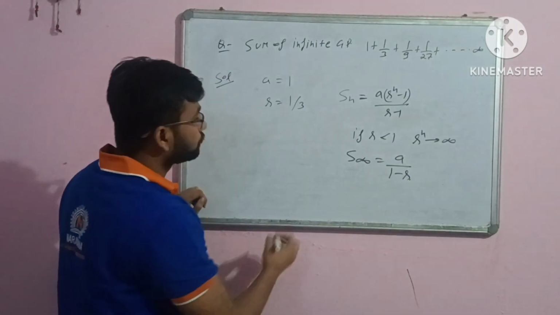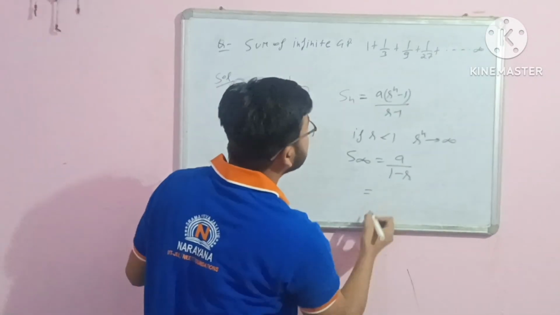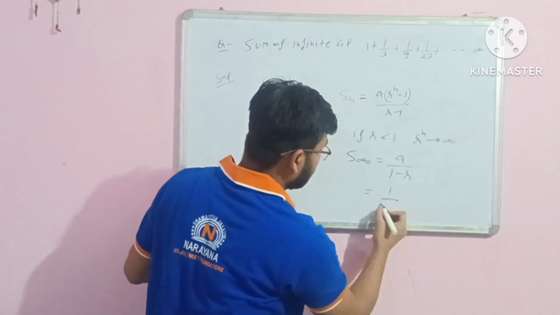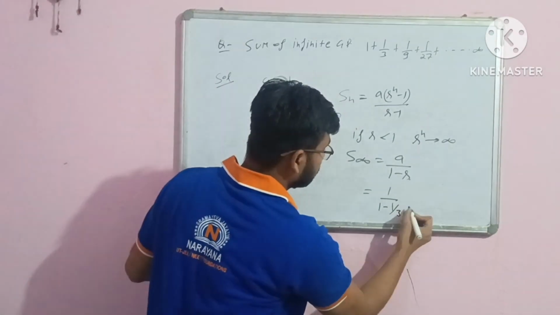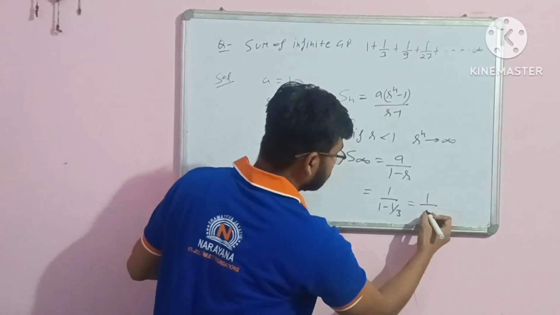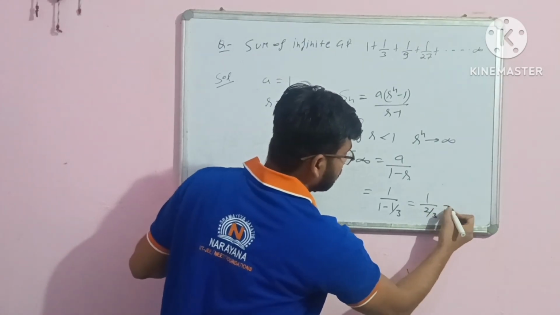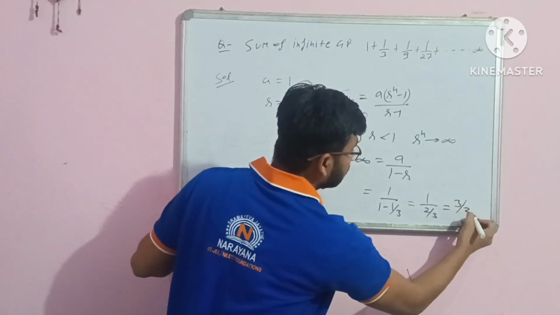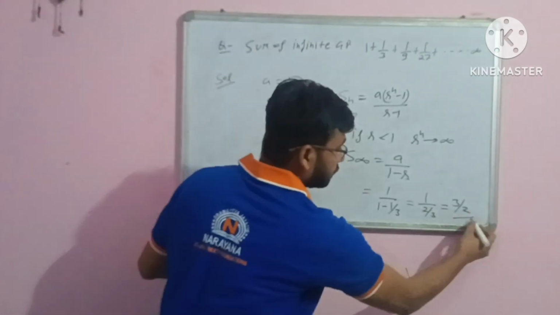So here it is 1 upon 1 minus 1 by 3, then we get 1 upon 2 by 3, and the sum becomes 3 by 2. So this is the answer.